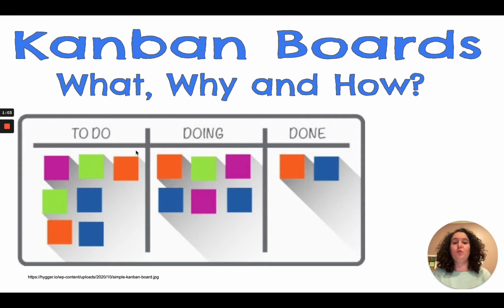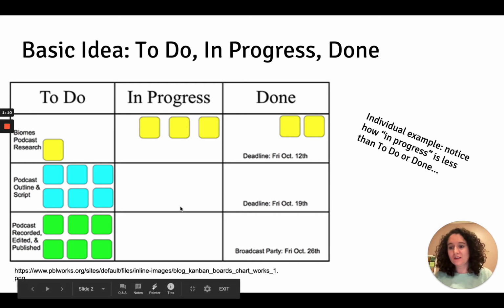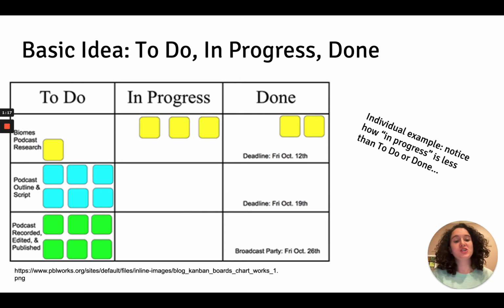Now, why? Here are some examples that I found that I really liked. One, this is obviously for someone who would be making a podcast, but what I like that they did is they actually put deadlines in their done category, and they made sections for each thing. So they knew that they had to do all these things, and they're in progress.